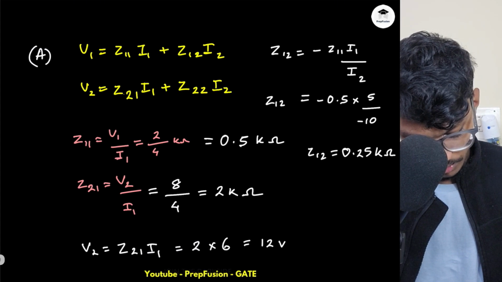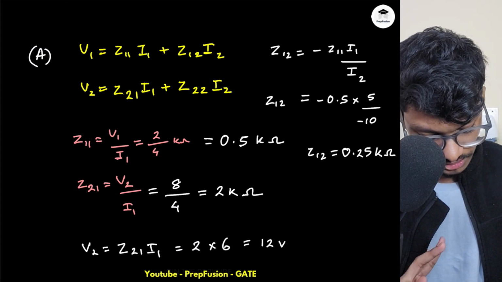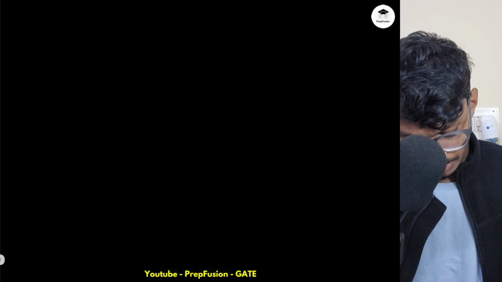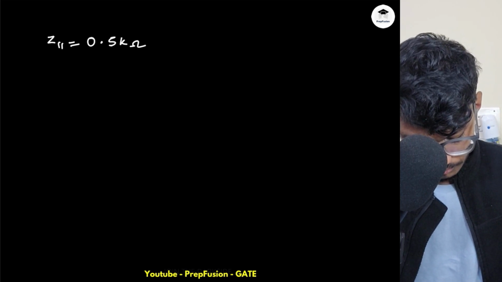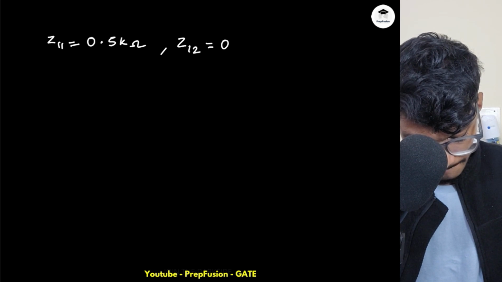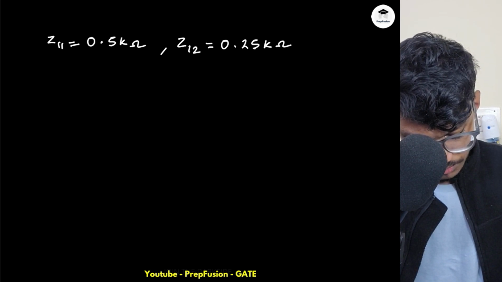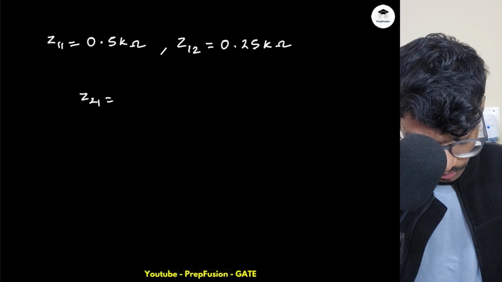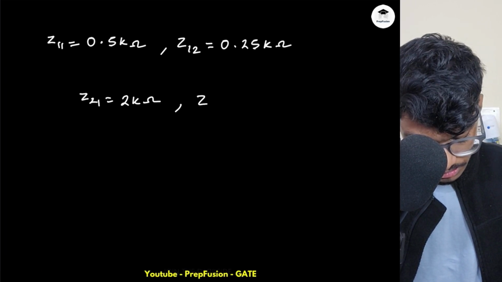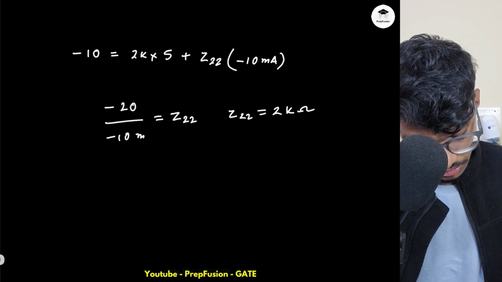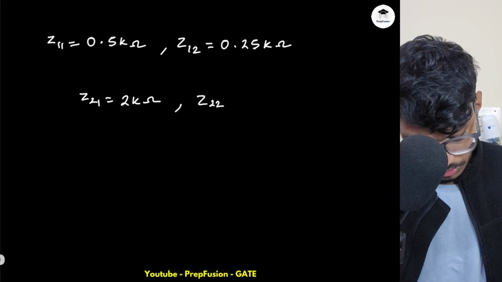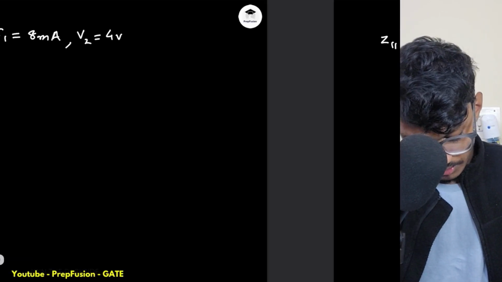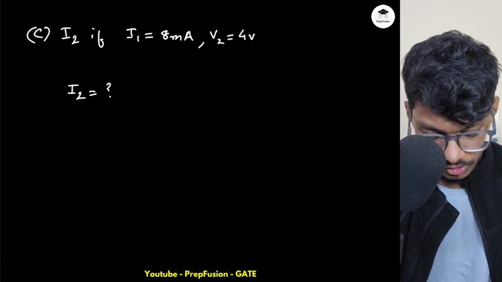Z11 equals 0.5 kilo ohms, Z12 equals 0.25 kilo ohms, Z21 equals 2 kilo ohms, and Z22, just computed, is also equal to 2 kilo ohms. And what information have they given me? They have given me this I1 and V2.